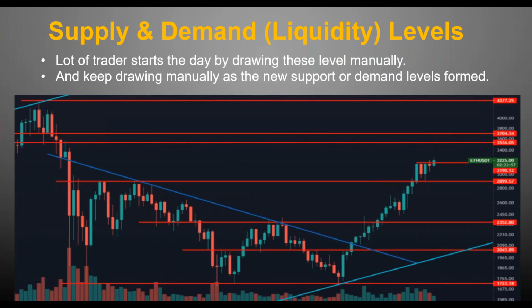They try to draw them manually, so they have their own way of calculating those things. If you don't leverage the supply and demand zones, you are missing out on something. You are going into a blind zone. That's why, no matter what the strategy is, you always need to know where the highest buyers' interest is and where the highest sellers' interest is. Without that, it will be just gambling. That's my definition.